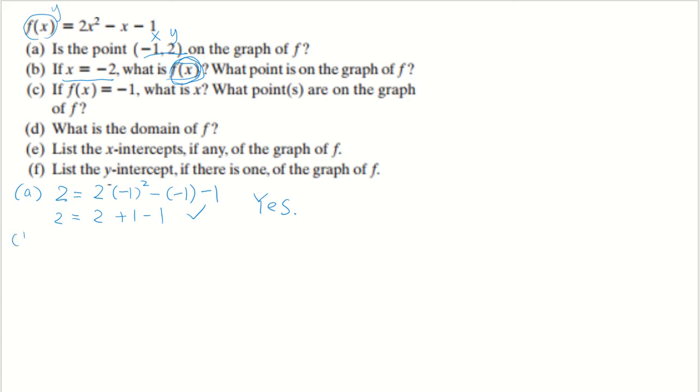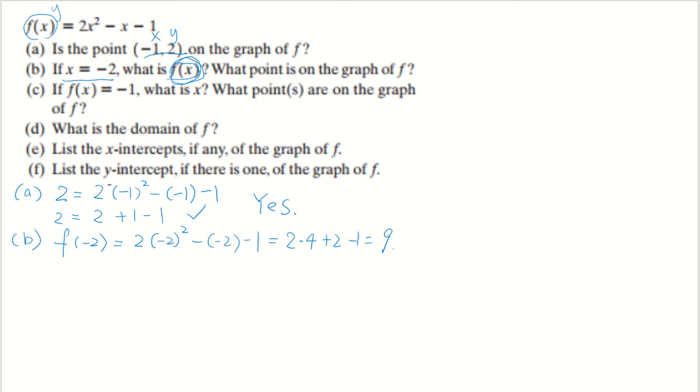Basically you're looking for f of -2, which will give you 2 times (-2) squared minus (-2) minus 1, which is 2 times 4 plus 2 minus 1. That will give you 8 plus 2, 10, minus 1, which is 9.